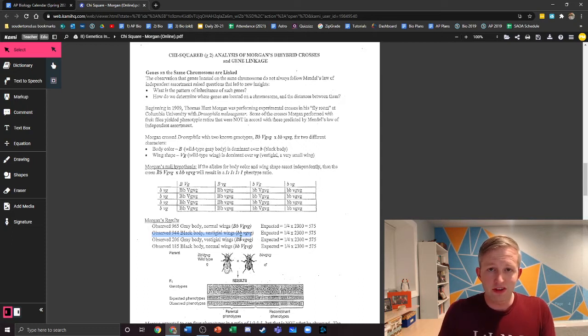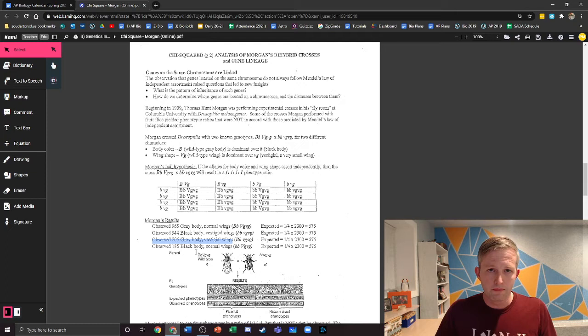But of course, this still is a problem because we do have 206 gray body with vestigial wings and 185 black body with normal wings, and these shouldn't be together. There shouldn't be a possibility for these to even have been put forward because they would have been on separate chromosomes. And so this is the early understanding of recombination, or specifically the crossing over event occurring during meiosis, where we can actually mix up which genes are being put forward.